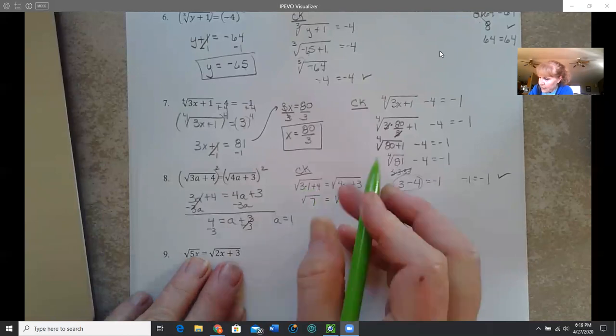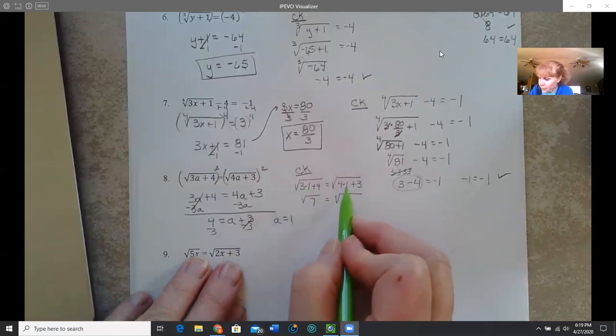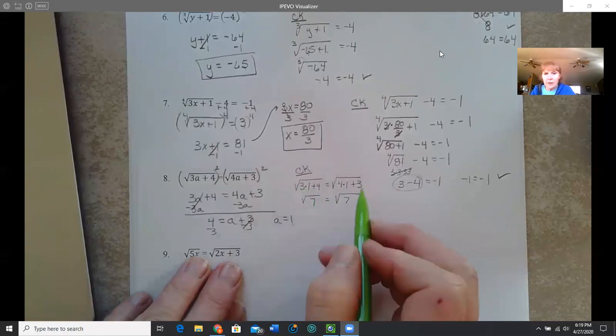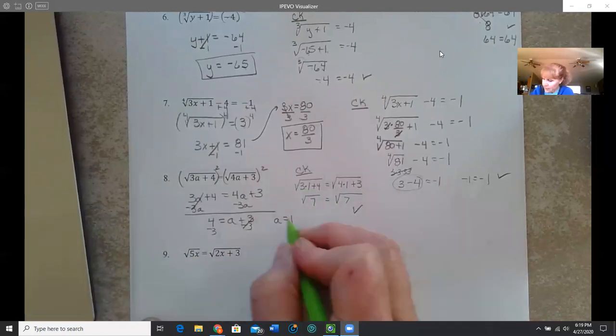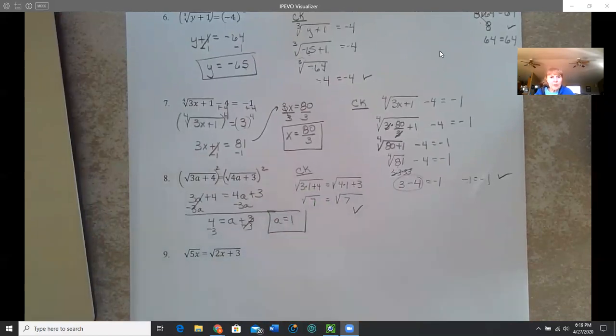This is 4, because 4 times 1 is 4, plus 3 is 7. The square root of 7 does equal the square root of 7. It does check. So 1 works. There's your answer.